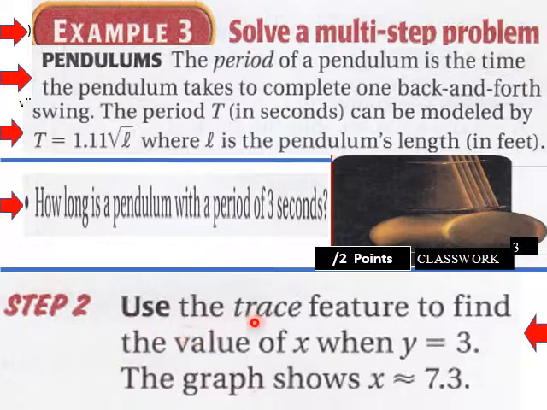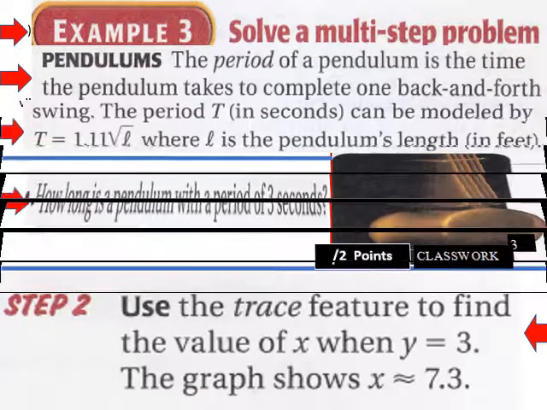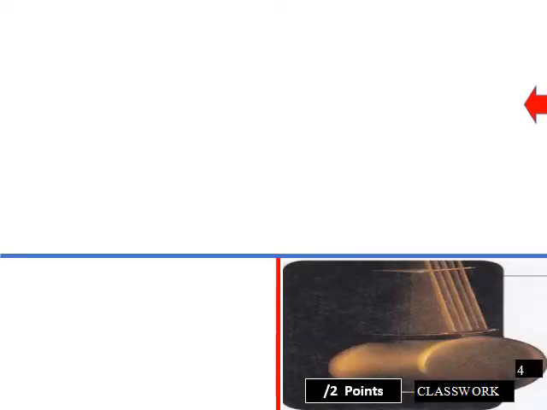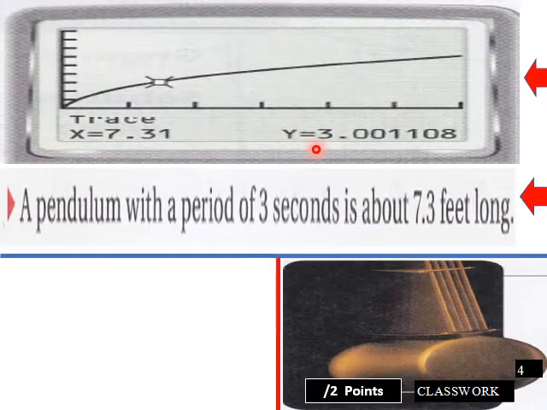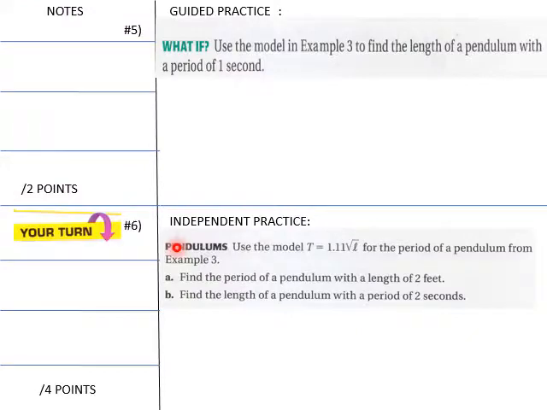We can use the trace feature to find the value of x when y equals 3. When y equals 3, x equals 7.31, which would be right about here. A pendulum with a period of 3 seconds is about 7.3 feet long. That is where that function gives us that solution.